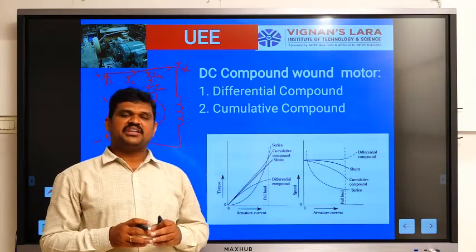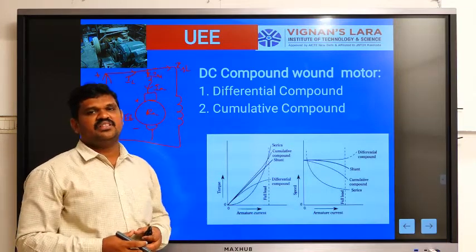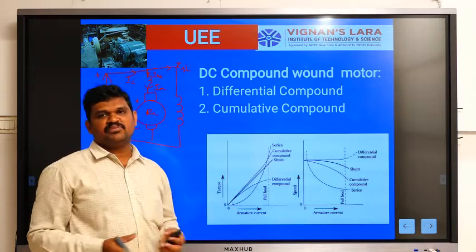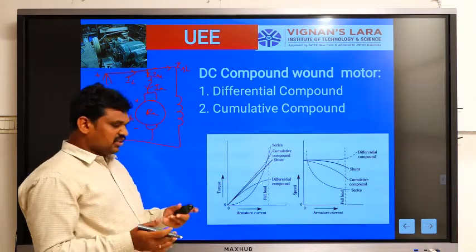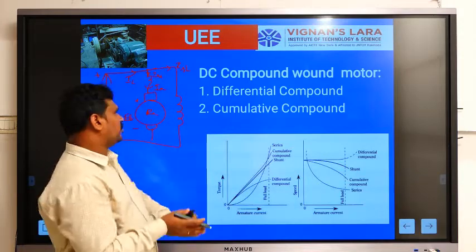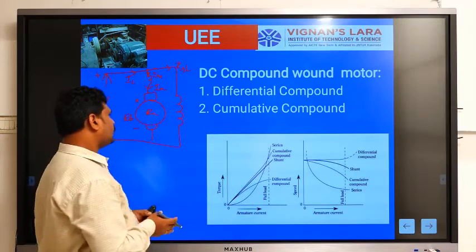When it operates at high speeds, because of the centrifugal force, the brushes, bearings, everything will come out of the machine, and the machine will be damaged. If you want to combine the advantages of both the series and the shunt, we go for the compound machines.